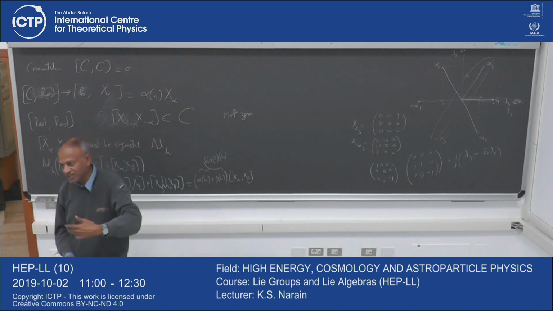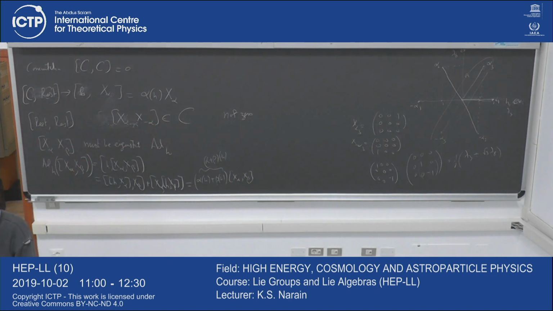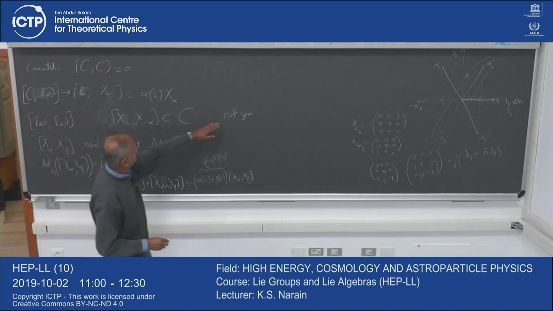Now, when we discuss the general theory, we see that it's a general feature. It's not just for SU3, it's a general feature. For the class of algebras we will be studying, this is always the case. The class is semi-simple, which I have not defined yet, but we will define all that later when we discuss more generally. So for this class, it is always the case that it is not 0.